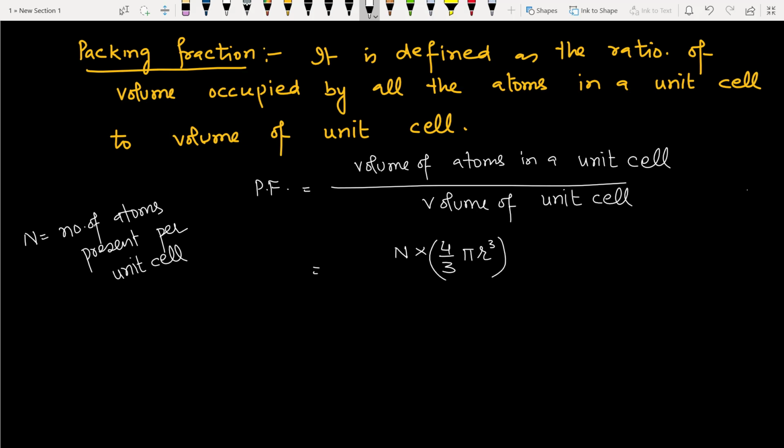This is the volume of one atom into the number of atoms, so it will be the volume of all the atoms. Volume of unit cell will be a cube, because we have selected the edge length of the cube equal to small a. So now we will calculate the packing fraction for various cubic crystal structures.